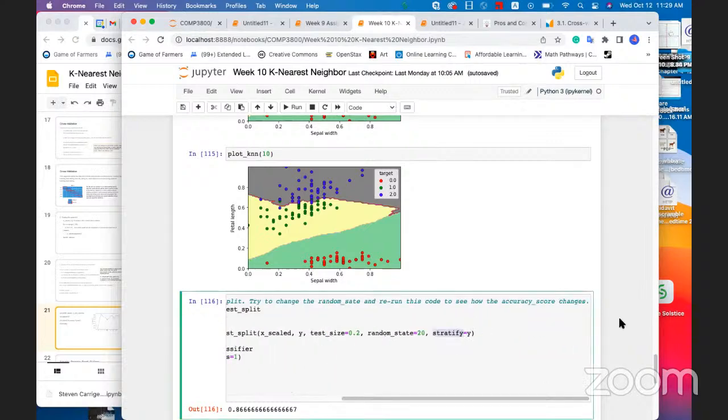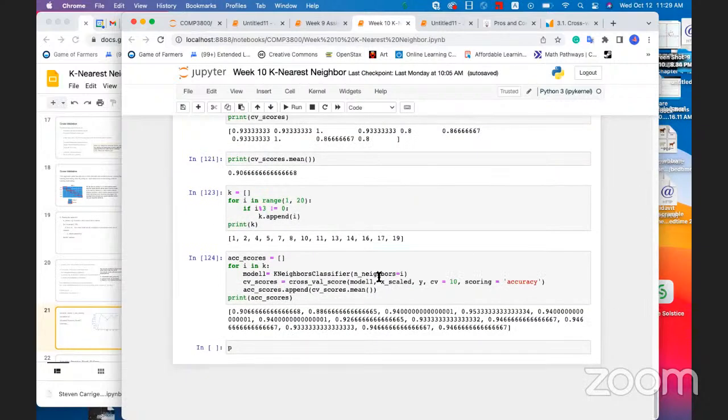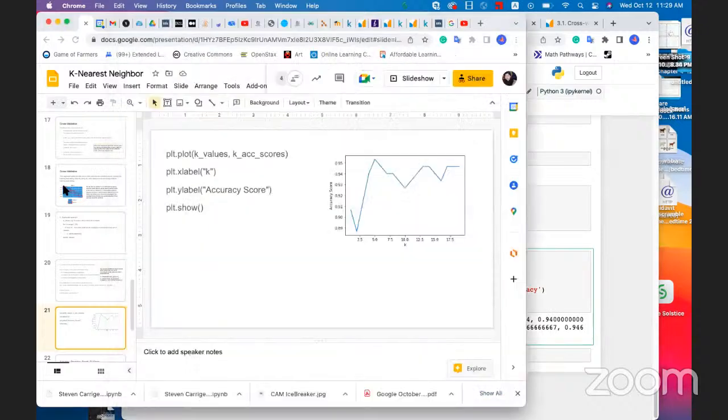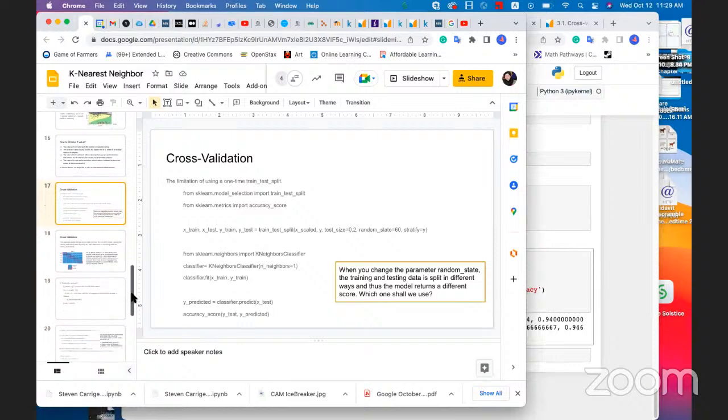Here, stratify to define this. And with cross validation, you can also do that. So this method is called stratified k-fold.